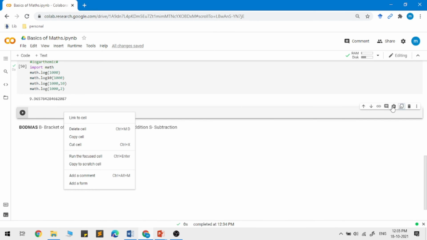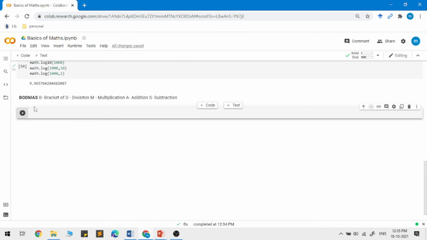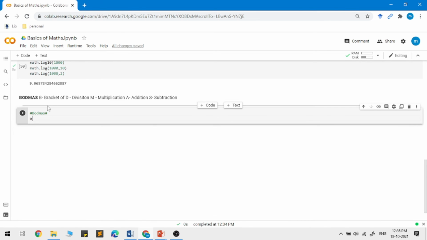Okay, now we are going to solve some basic problems using this BODMAS. So how will you find the value of A, provided A is equal to 2 plus bracket of 3 divided by 7 into 5 into 7.